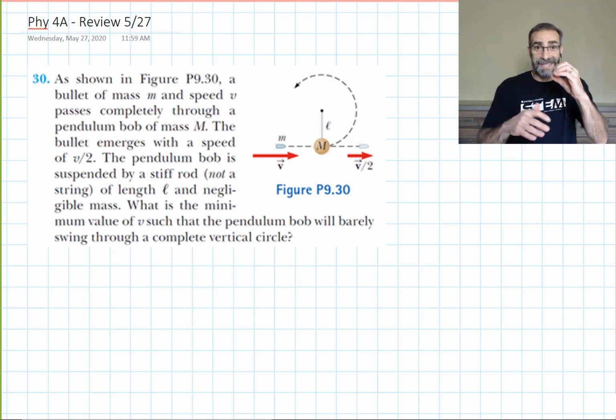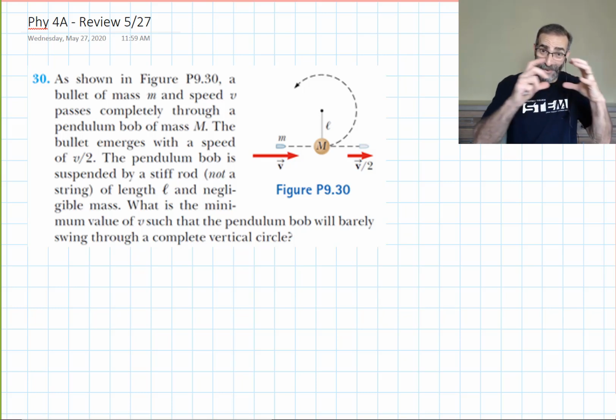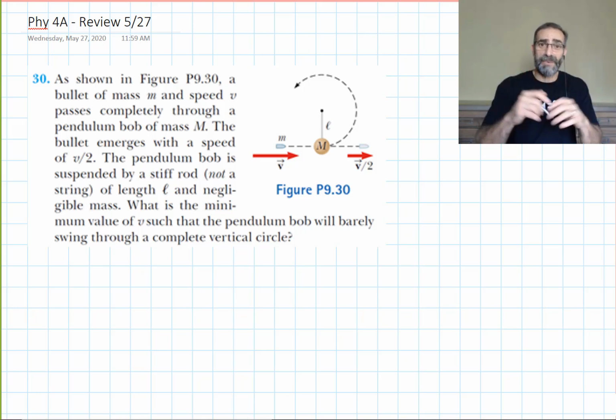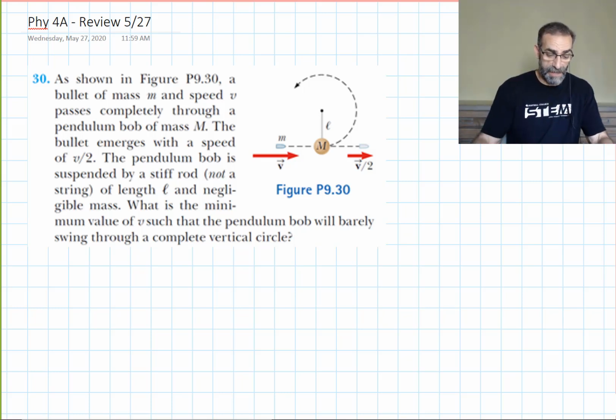When there's not a hole in something and then there is a hole, you've broken bonds, you've pushed stuff out of the way, lots of friction when that bullet goes through the pendulum bob. So a lot of our mechanical energy is going to be converted into other kinds of energy that we can't account for anymore, right? This is not elastic. We can't use energy just to solve this problem.